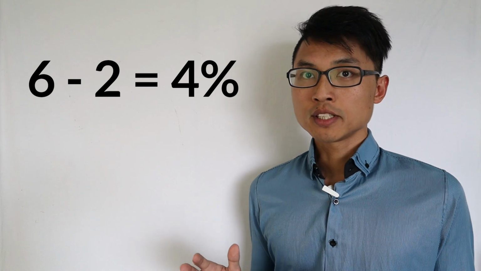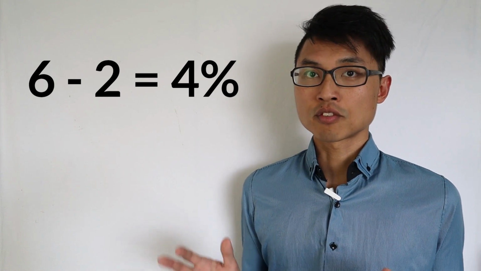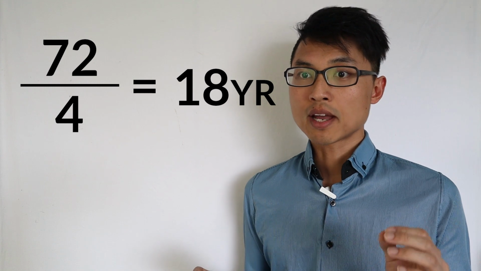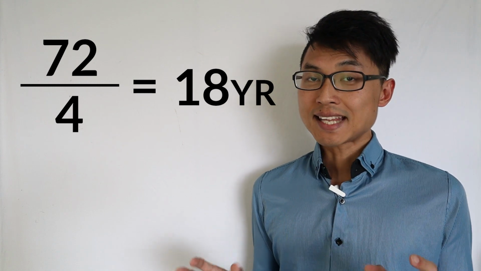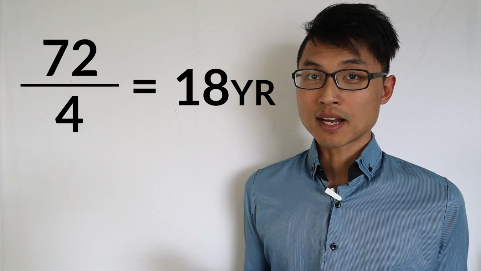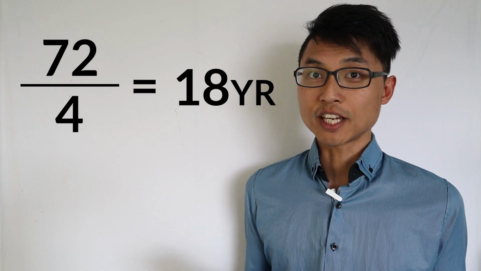So now you are only getting a 4% return rate. This means that your investment is expected to double in 72 divided by 4, which is equal to 18 years. And that is a 6-year difference by having a 2% inflation rate. It is important to note that you should never underestimate the effect of inflation on your investment.